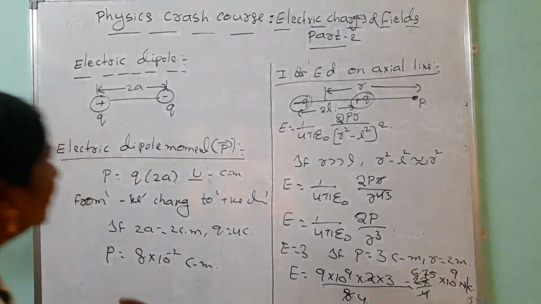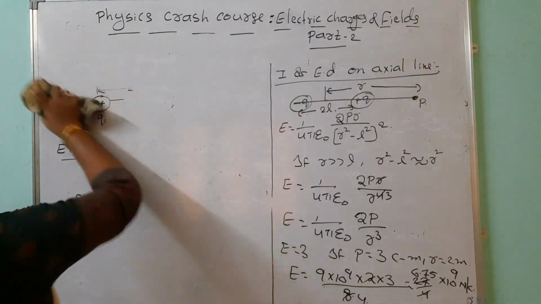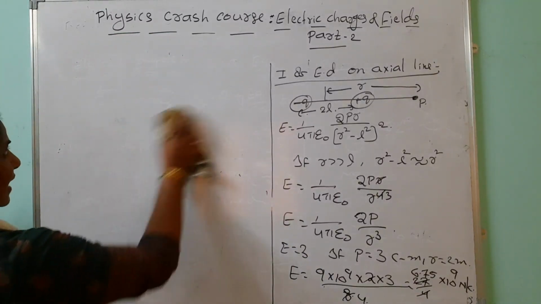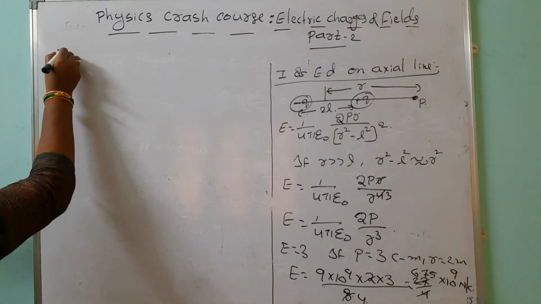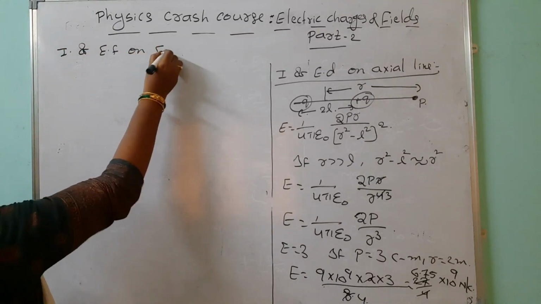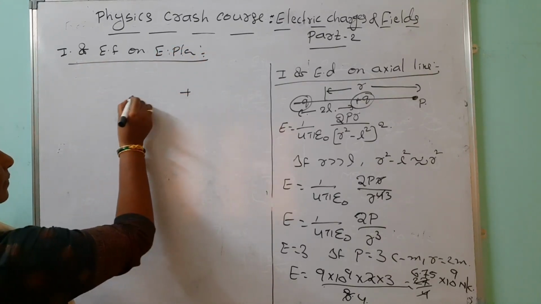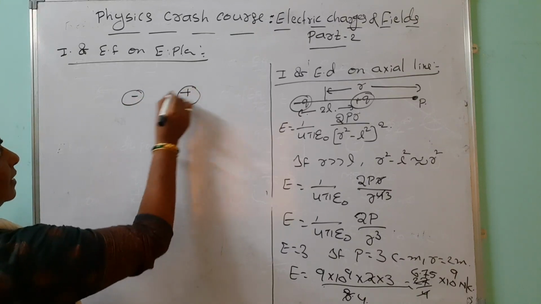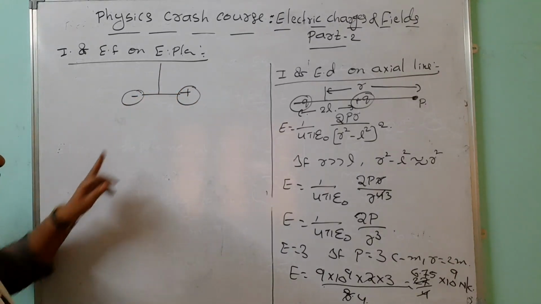Like that, how do we find the intensity of the electric field on the equatorial line? For the equatorial line also I want to give you the direct formula. First of all, what is the equatorial line? See, the intensity of the electric field on the equatorial plane. The line passing perpendicular to the bisector, perpendicular to this length, is called the equatorial line.